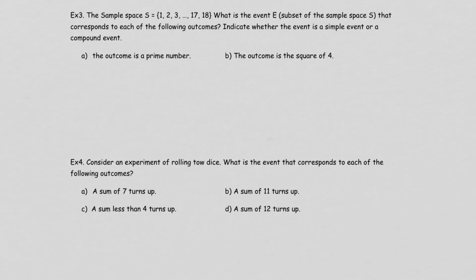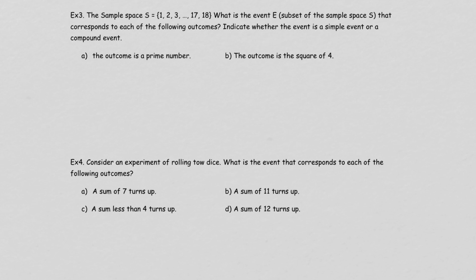Example 3 is asking, sample space S is given as 1 through 18. What is the event E, which is a subset of the sample space, that corresponds to each of the following outcomes? Indicate whether the event is a simple event or a compound event. So the first event is the outcome is a prime number.